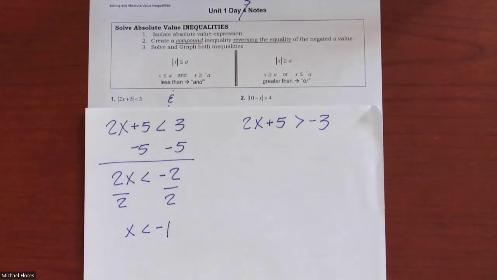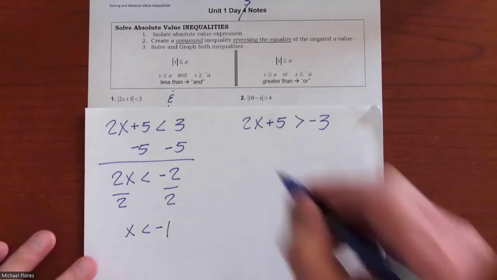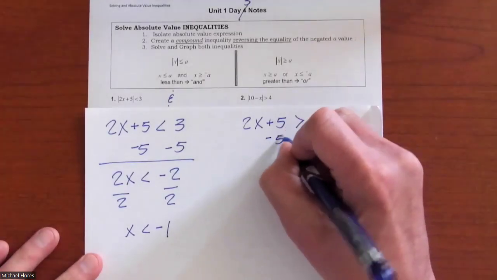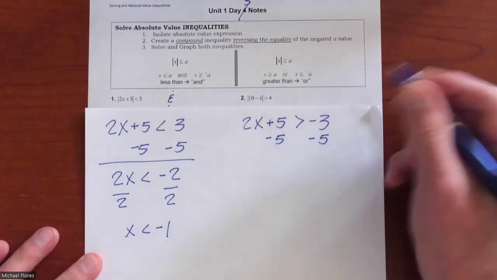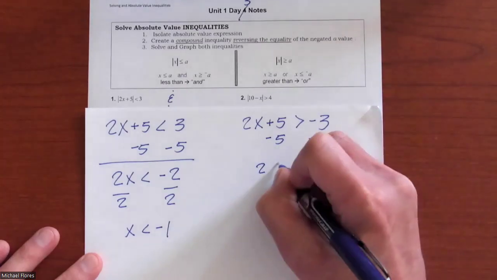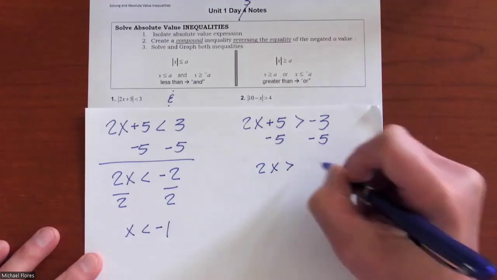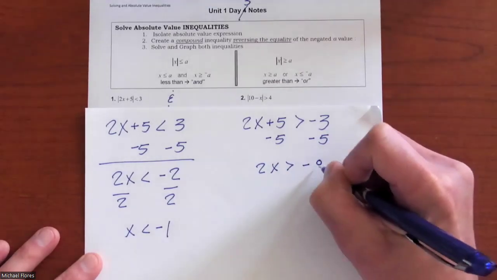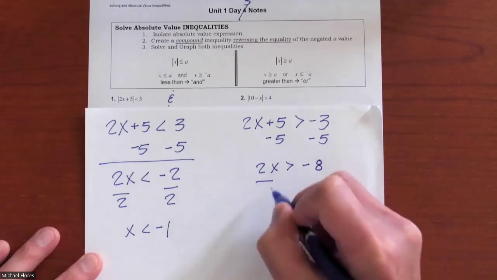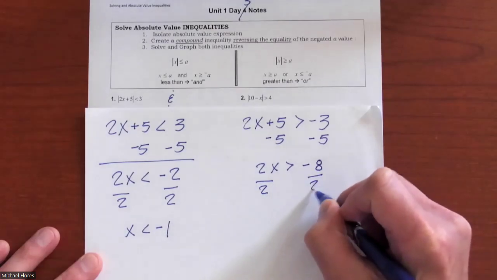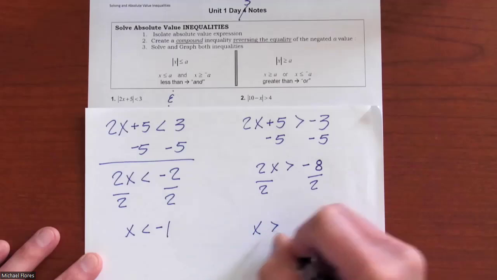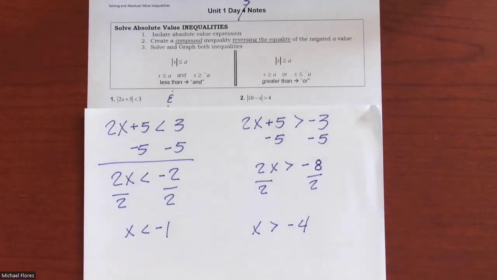So we get x is less than -1 on the first one. And x is greater than -4 on the second one.